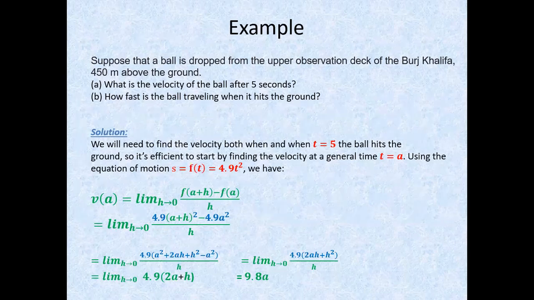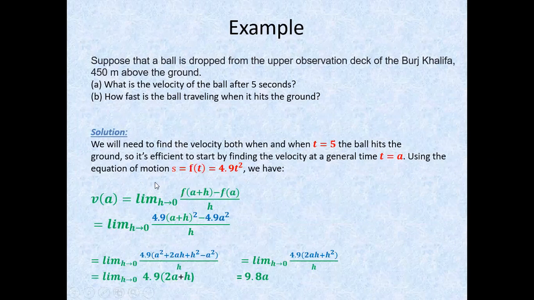For the solution, we have first of all t naught and t equals 5 here. When the ball hits the ground, it's efficient to start by finding the velocity at a general time t equals a.